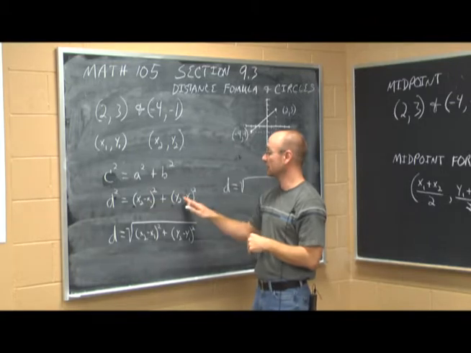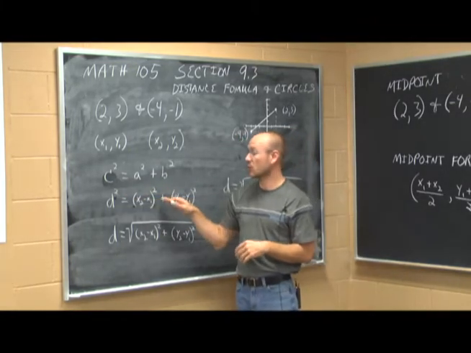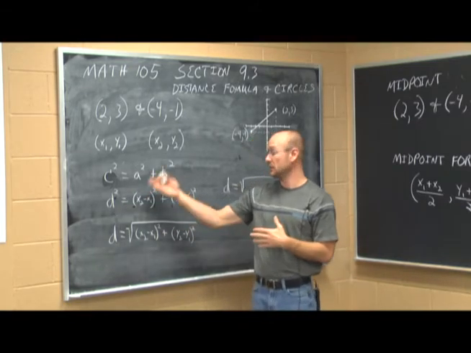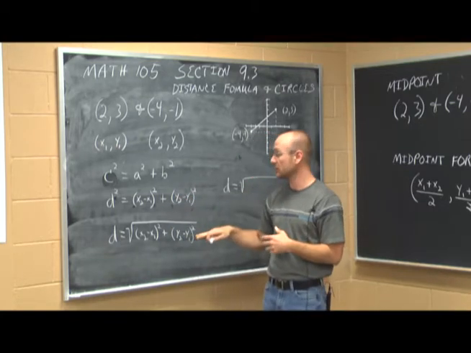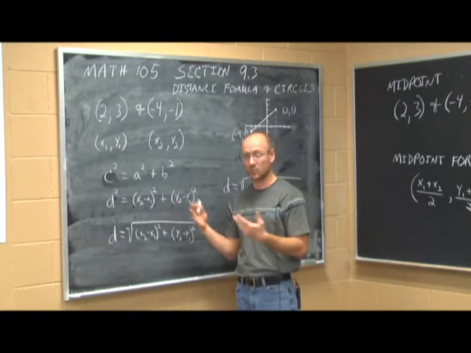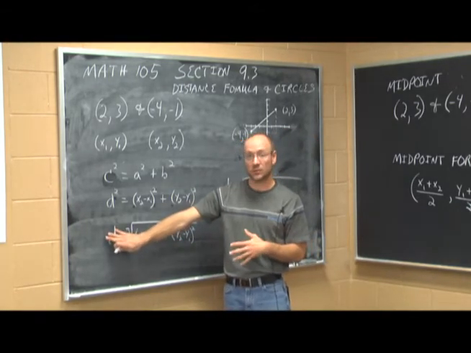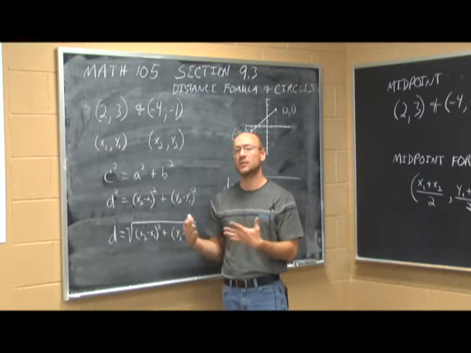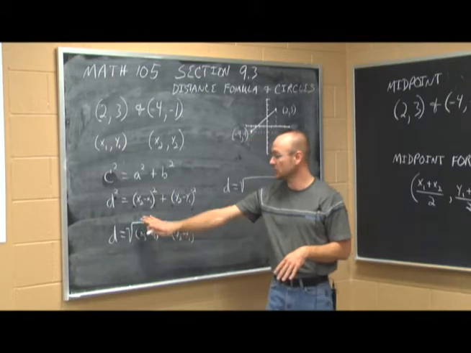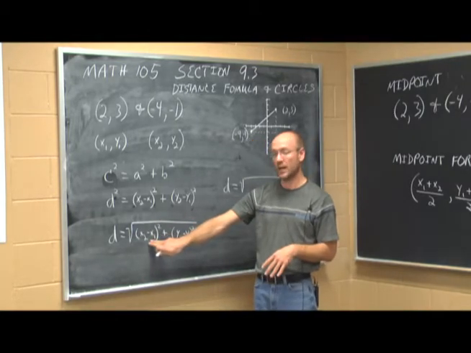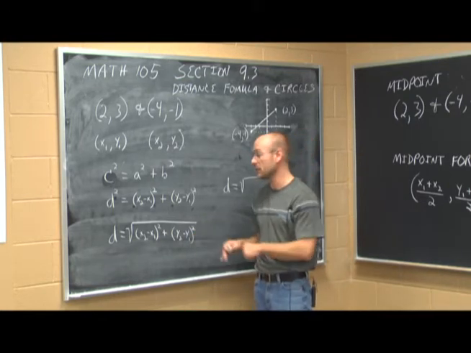If I take the square root of both sides, as we've seen in Chapter 6 with radicals and again in Chapter 7 with squared terms and parabolas, I'm not going to worry about the plus or minus, because we're dealing with distances, and distances can only be positive. So distance equals the square root of my change in x squared plus my change in y squared. This is the distance formula.